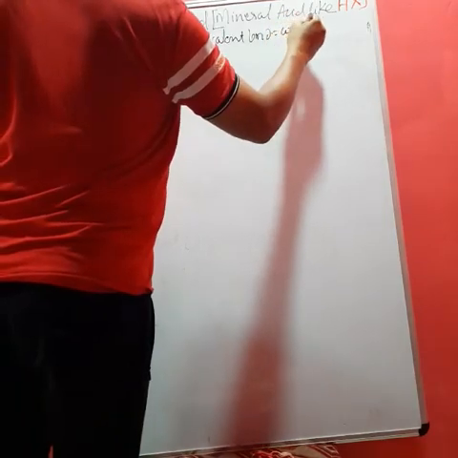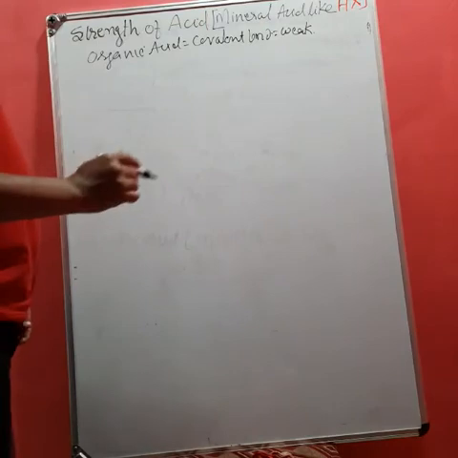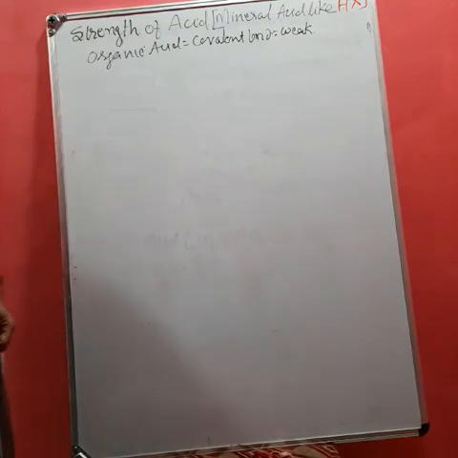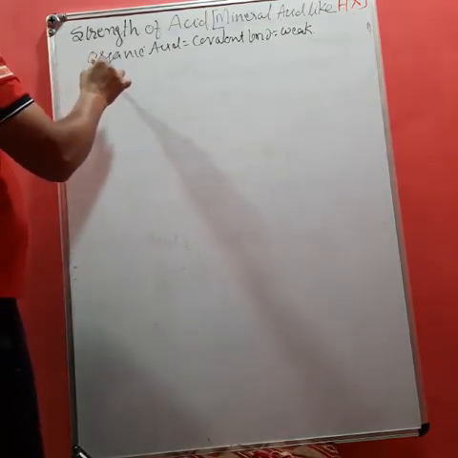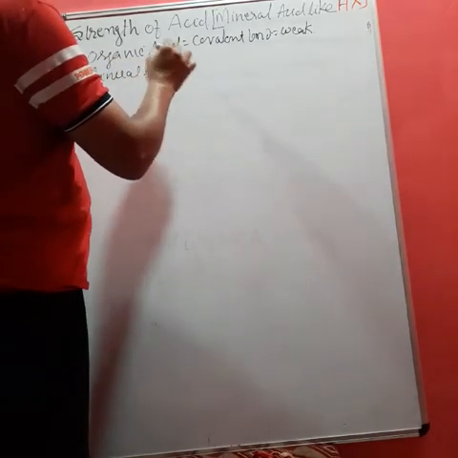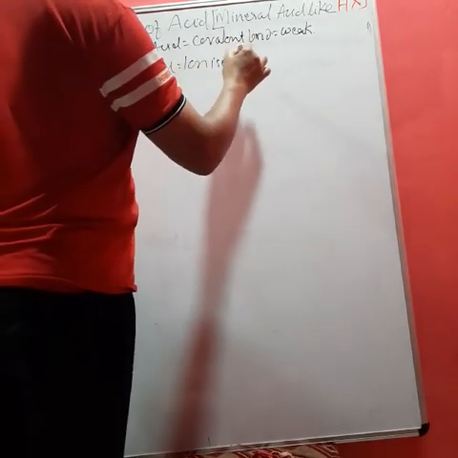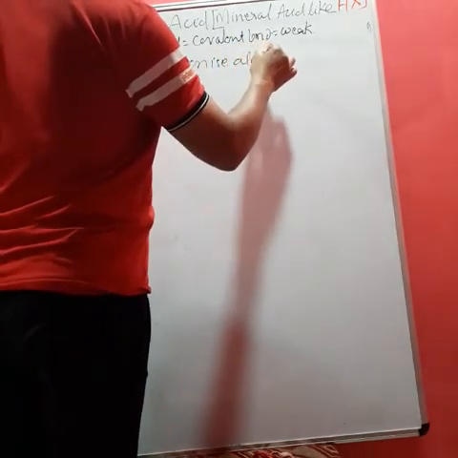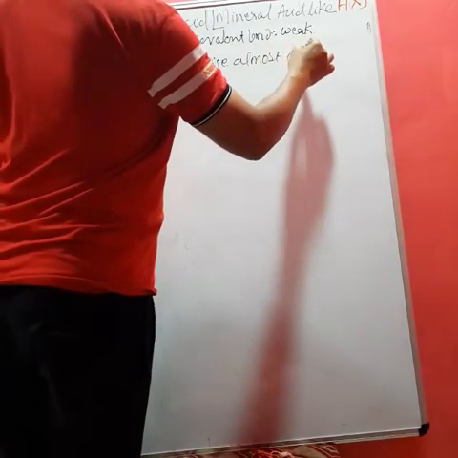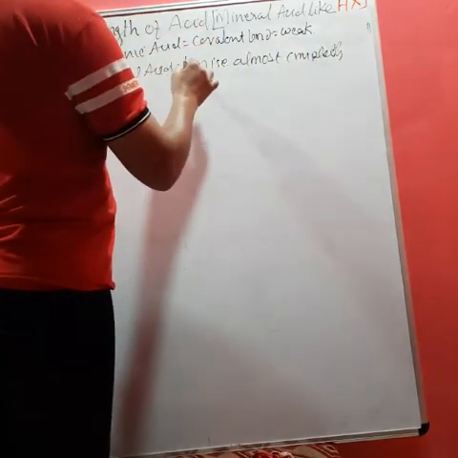These acids are weak in nature because the dissociation of covalent bond is quite difficult. And the second type of acid are called what? Mineral acids. These acids ionize almost completely. Almost what? Completely. Therefore, these acids are termed as what?